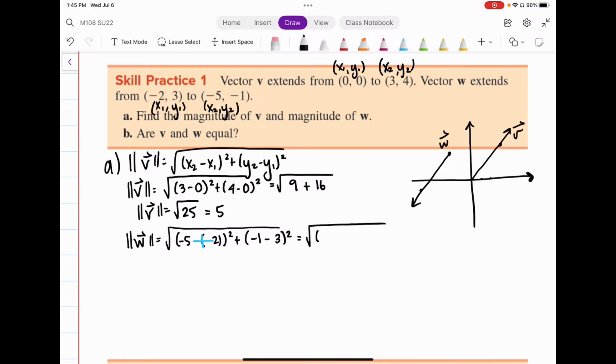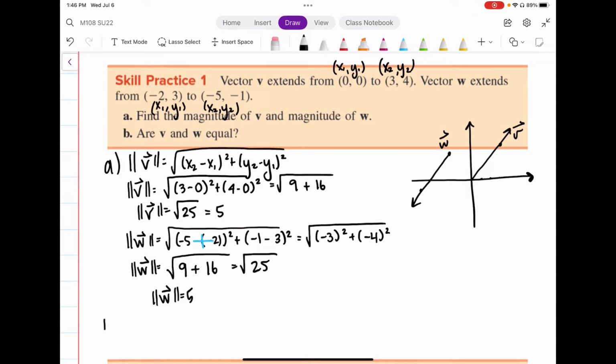And -5 plus 2 is -3 squared. -1 minus 3 is -4 squared. -3 times -3 is 9. -4 times -4 is 16. 9 plus 16 is 25, and the square root of 25 is 5.